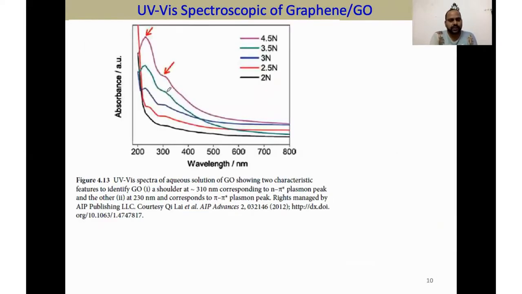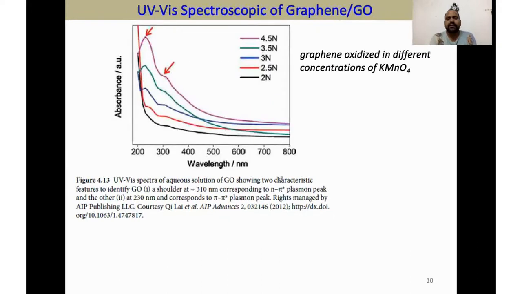Here another data is there. This data shows what the difference in the absorption peak is when there is some kind of modification in the surface. The UV-visible spectra of the aqueous solution of GO show two characteristic features of GO: a shoulder at 310 nanometer corresponding to the n-pi plasmon peak, and another at 230 nanometer corresponding to the pi-pi plasmon peak.